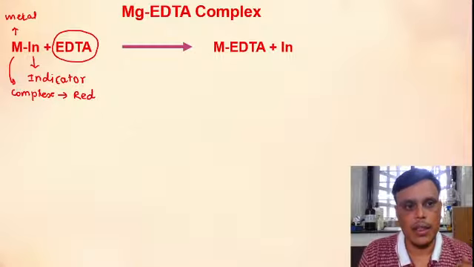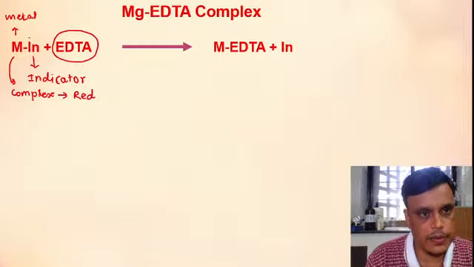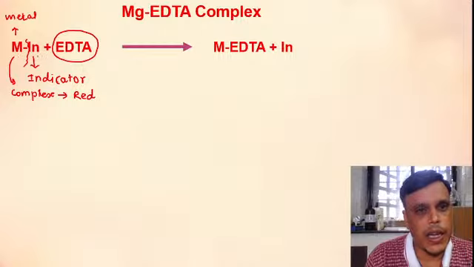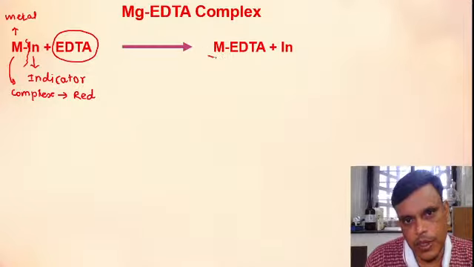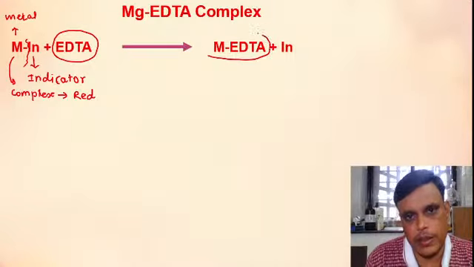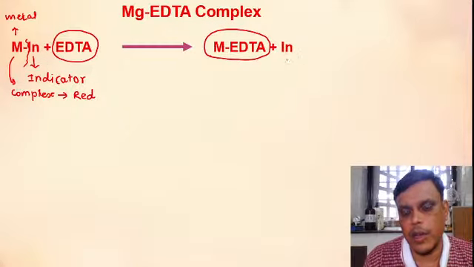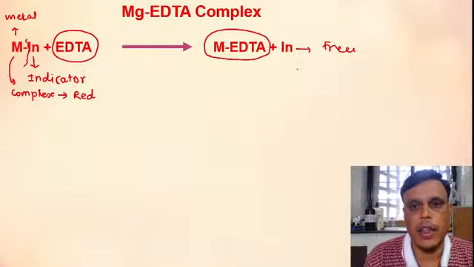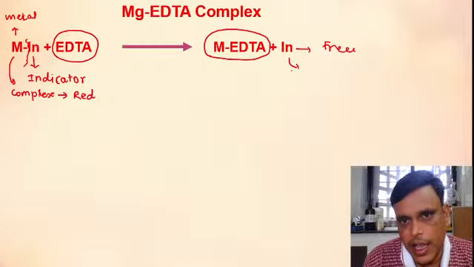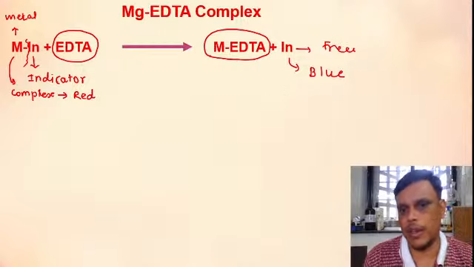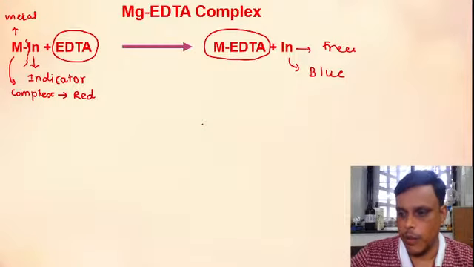So what happens is this metal indicator complex breaks, and metal EDTA complex gets formed. This indicator becomes free, and this indicator has a blue color.